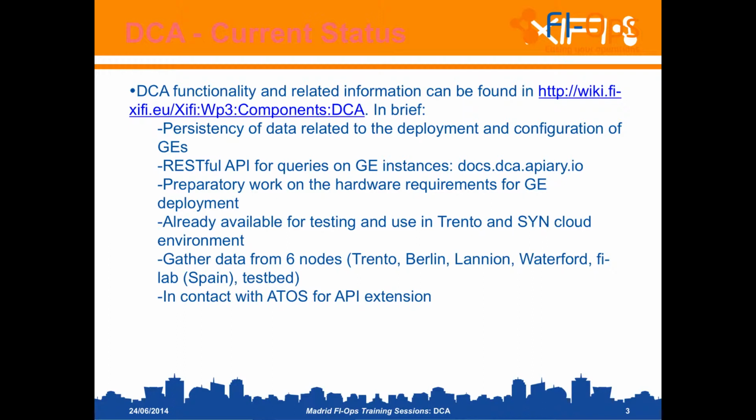And again, you can find more information about the RESTful API, with examples of the queries that can be performed to the DCA component. Moreover, in these wiki pages you can find examples and use cases where you can see how you can perform a hardware check on the system before you deploy the generic enabler.